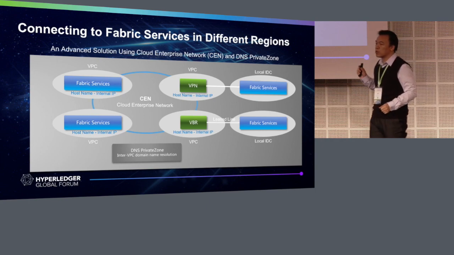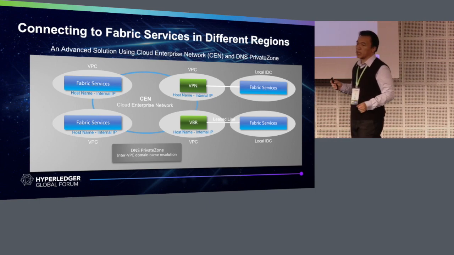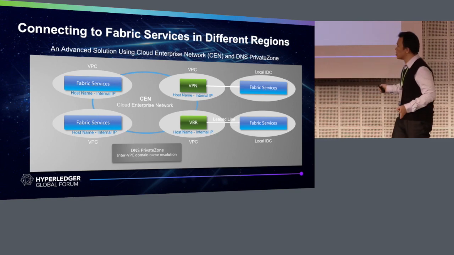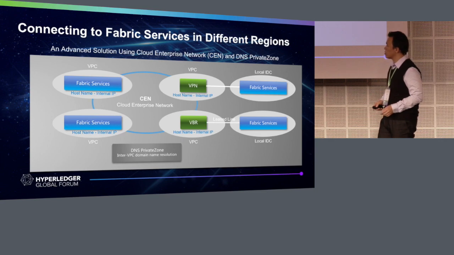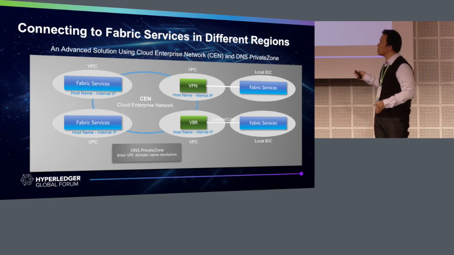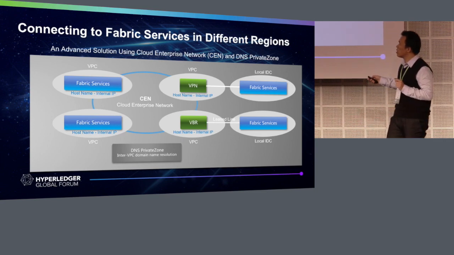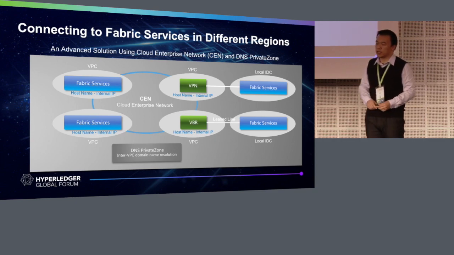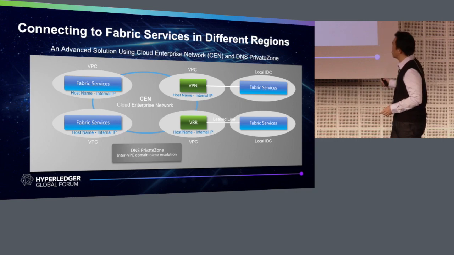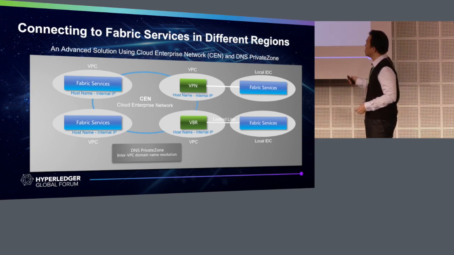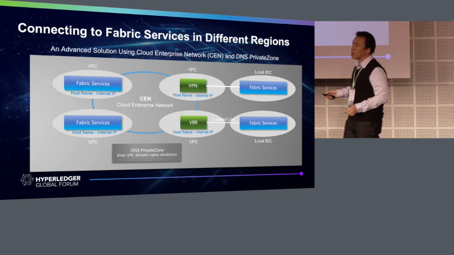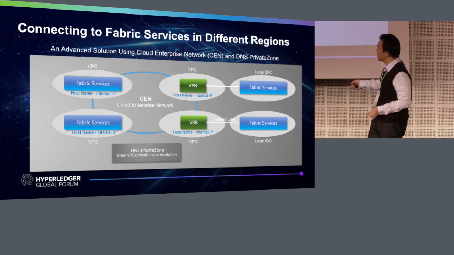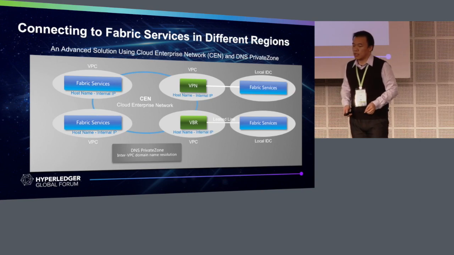We also want to leverage the flexibility of using host names to visit these services, so we also use a DNS private zone product, which ensures the resolution of service names to IPs is only effective within these VPCs. For those customers who are in a local data center, we can use either VPN or a leased line to connect to any of the VPCs and furthermore connect to the whole ring network.